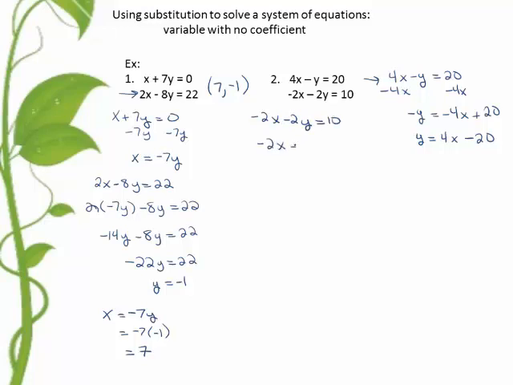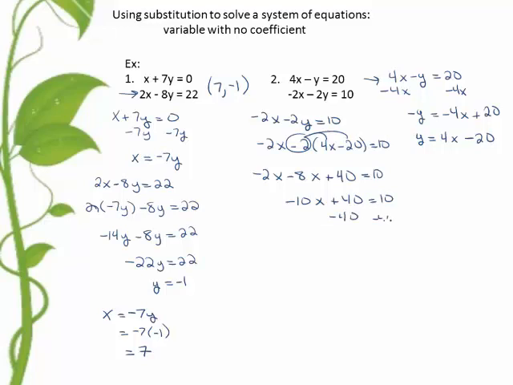So I have negative 2x minus 2 times (4x minus 20) is equal to 10. Distribute that negative 2. So I have negative 8x plus 40 is equal to 10. Negative 2x and negative 8x is negative 10x plus 40 is equal to 10.